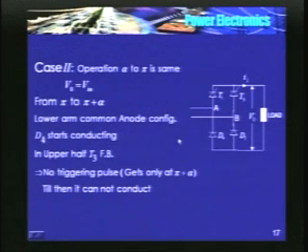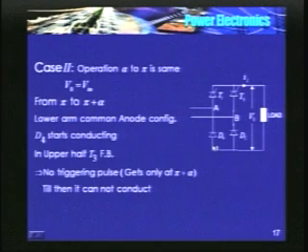What happens at omega t equal to pi? In the lower arm, D4 and D2 form a common anode configuration. The potential of B is higher than the potential of A from omega t equal to pi plus.